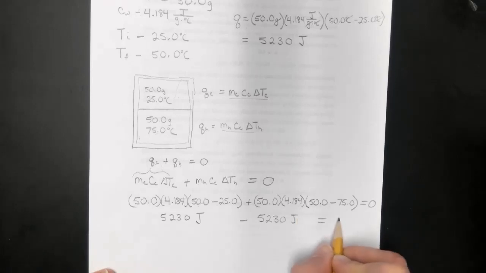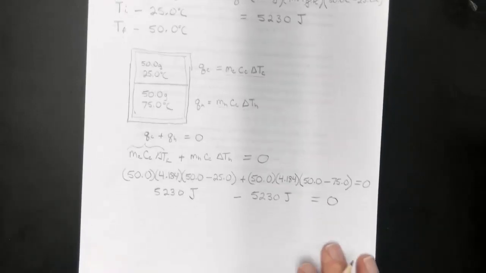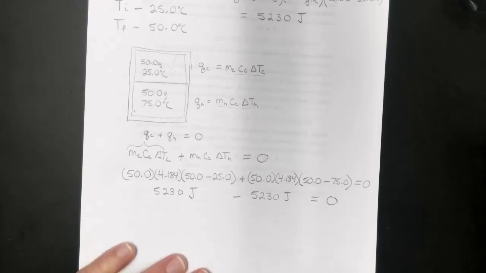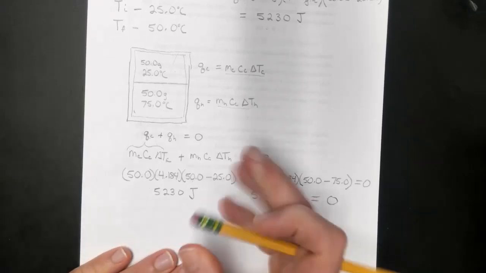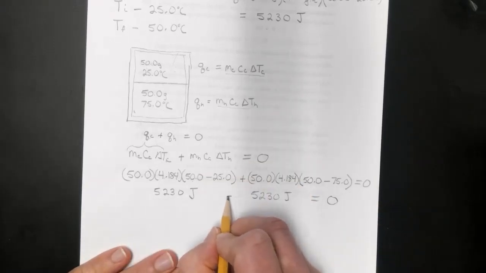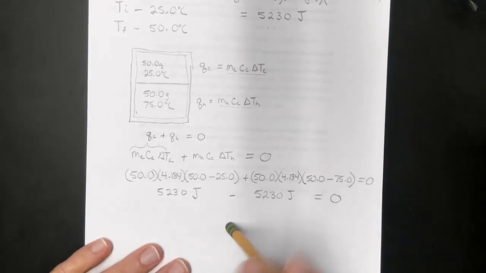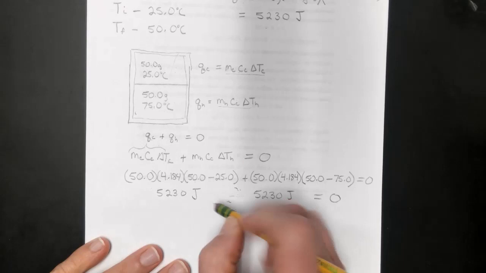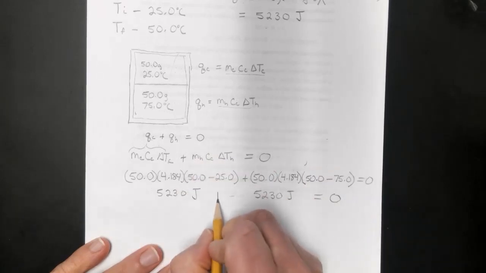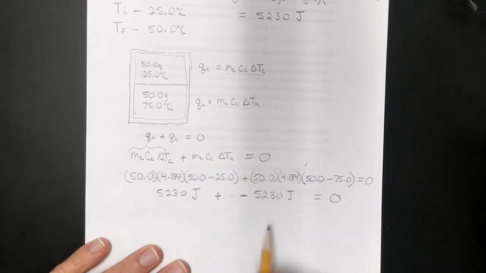And lo and behold, it equals 0. Now, of course, we defined everything to be that way. But I'll write this. This would have been a negative 5,230 joules. This is minus 5,230 joules.